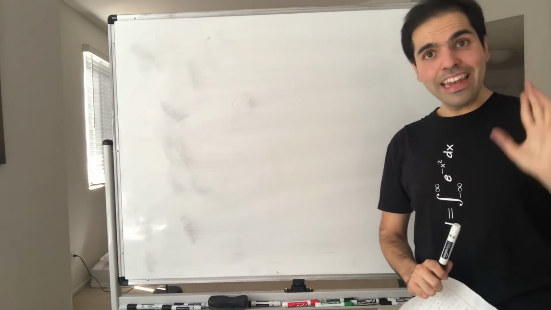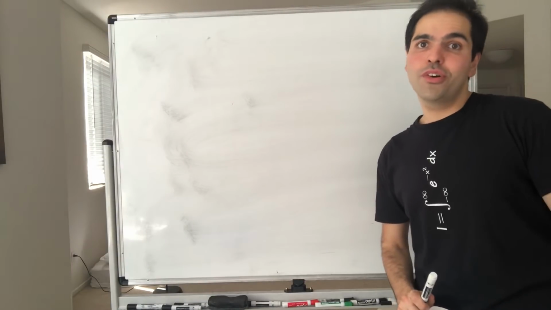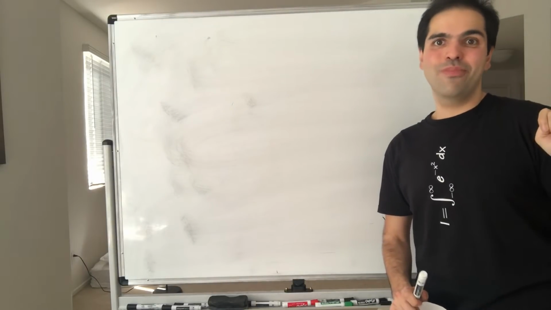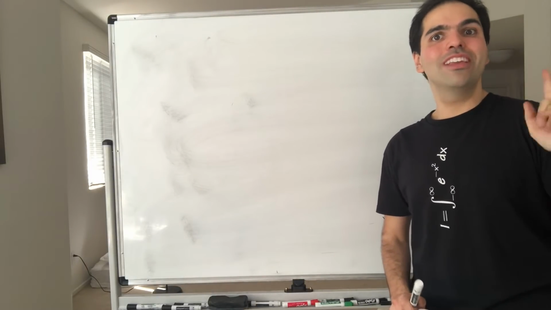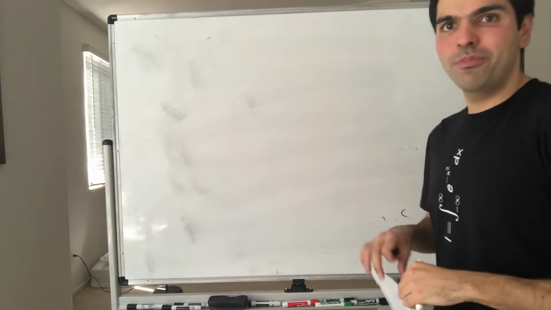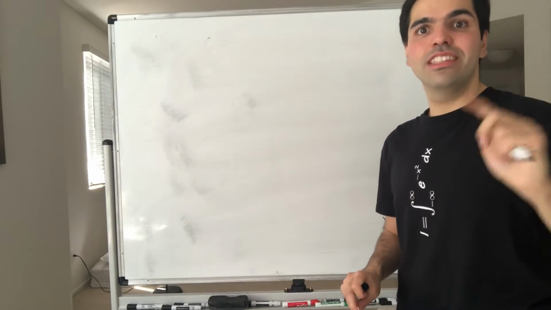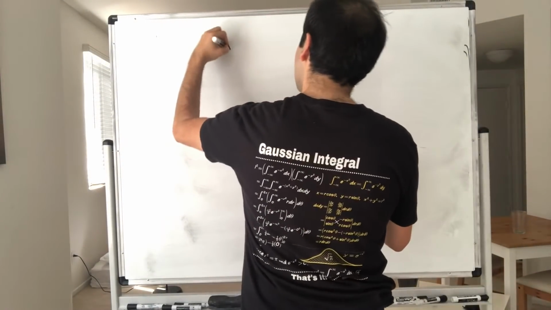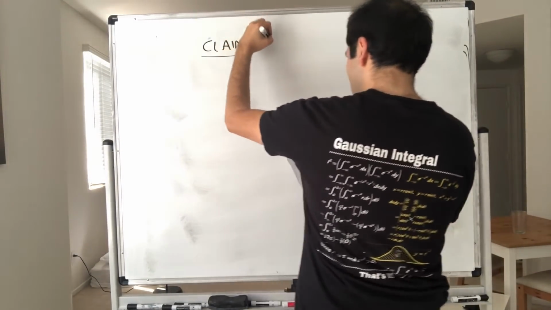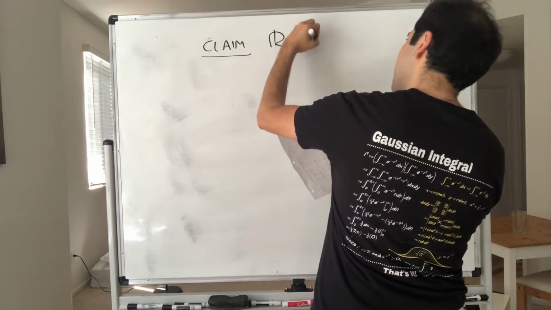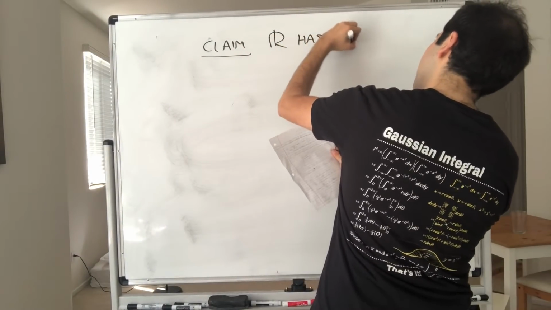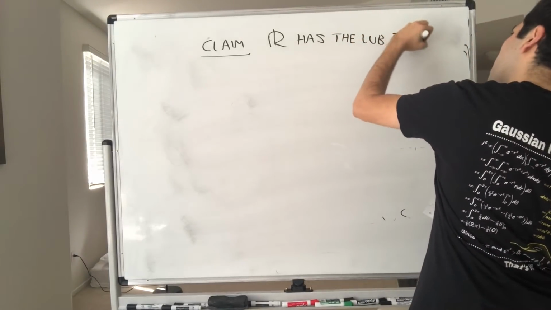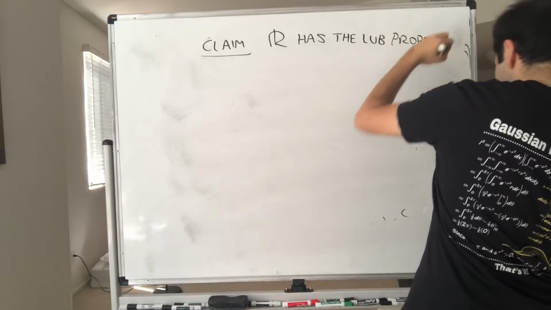Okay, and now, of course, we've shown that R is a field and it's an ordered field, but the most important thing is now to show that R has the least upper bound property, because that's what distinguishes the real numbers from the rational numbers. So let's show this. So claim: R has the least upper bound property. Why?